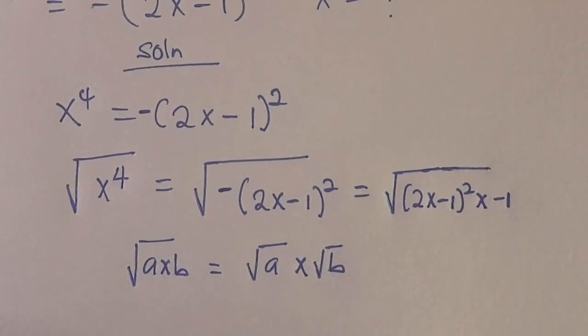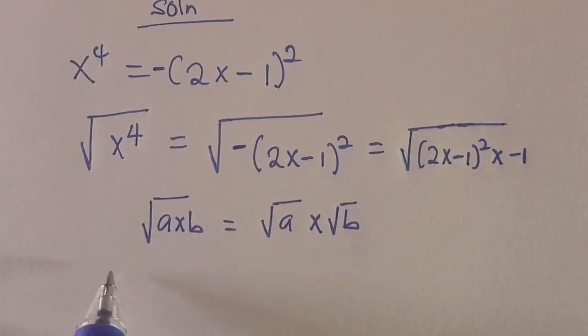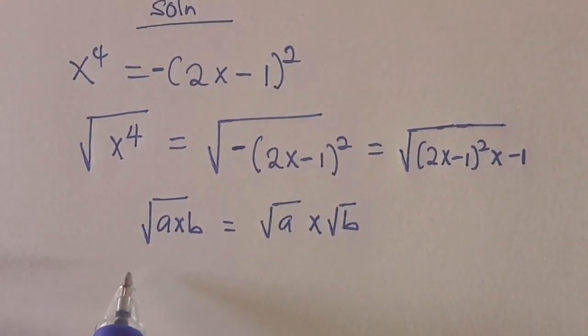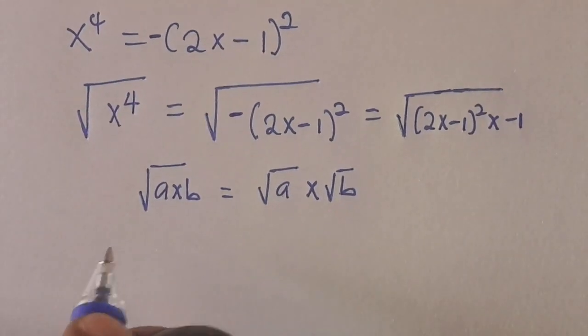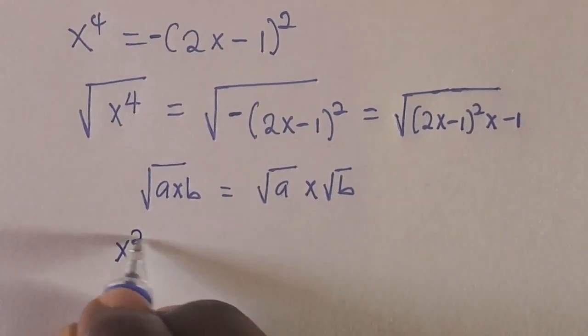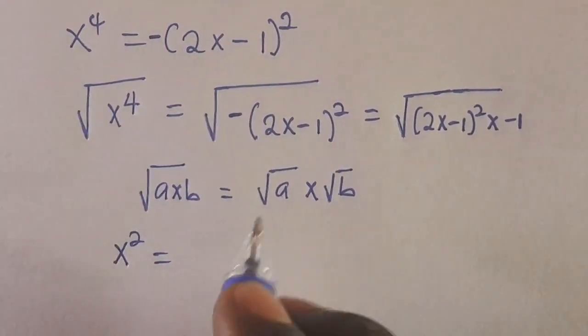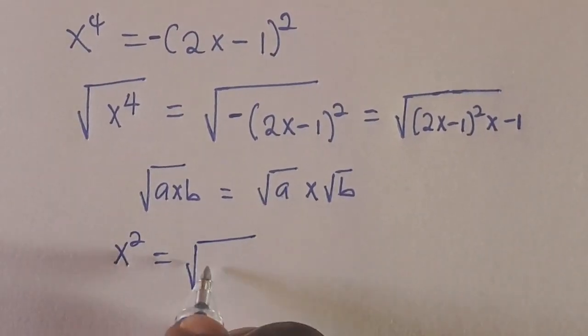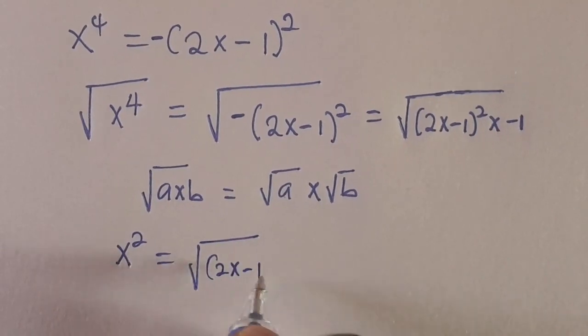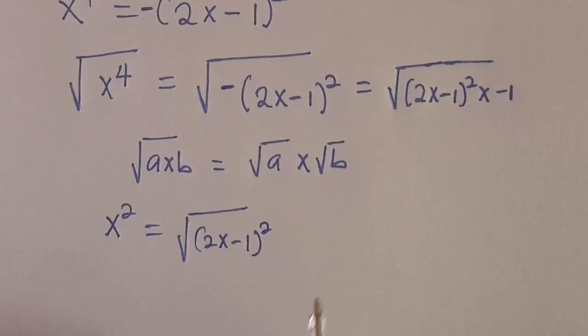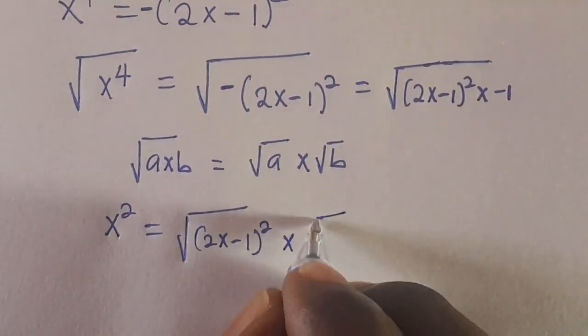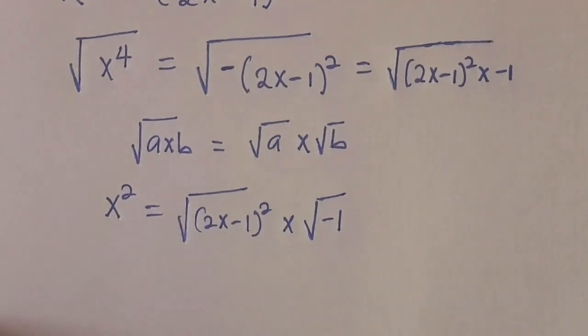Now we have this one to be a, and this one to be b, and simply we have x to the power of 2 equals the square root of (2x minus 1) all squared, then multiplied by the square root of minus 1.